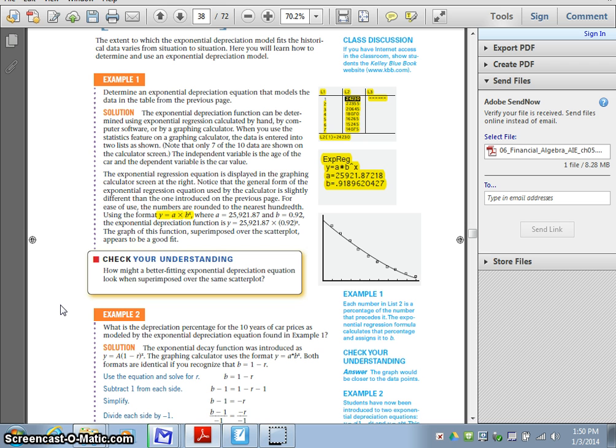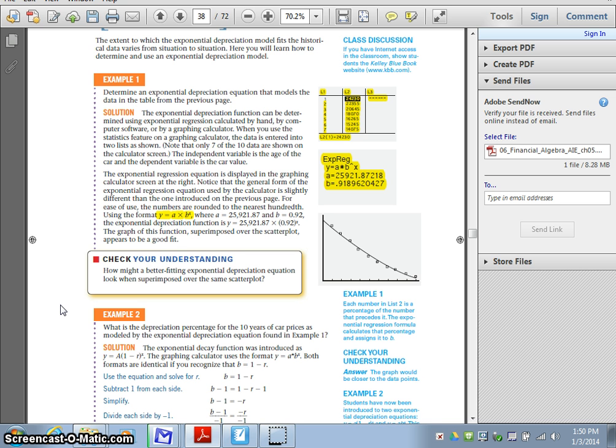So let's keep reading. It says, notice that the general form of the exponential regression equation used by the calculator is slightly different than the one that was introduced when you were going through the vocabulary. So for ease of use, the numbers are rounded to the nearest hundredth, so we're only going to go 2 places after the decimal. So using the formula y equals a times b to the x, where a equals 25,921.87 and b equals 0.92.